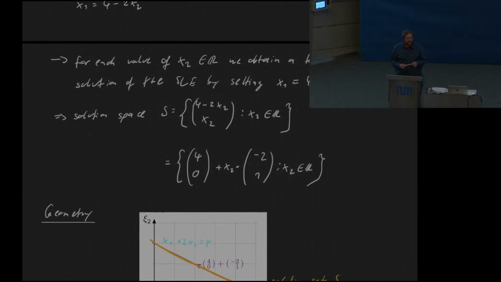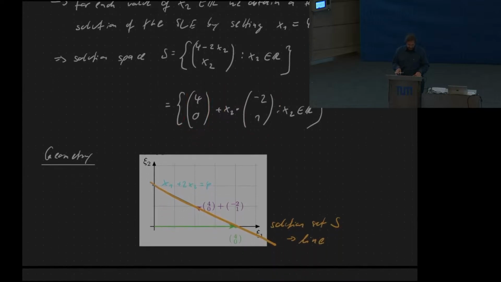And to get a clearer idea of how that looks geometrically, you often rewrite it in that way by splitting off all the constants, so everything that is not associated to x2, and all the coefficients that are associated to x2 into different vectors. So this is the constant part, and this here varies.